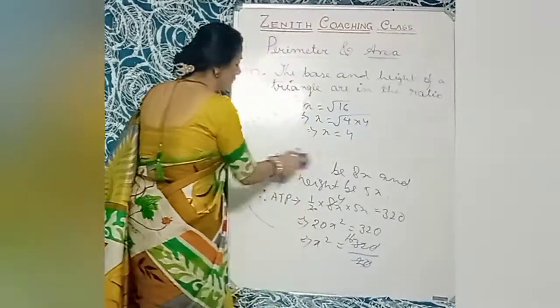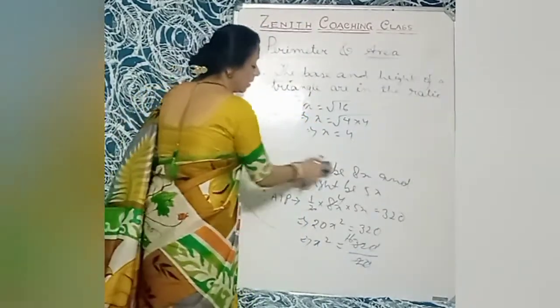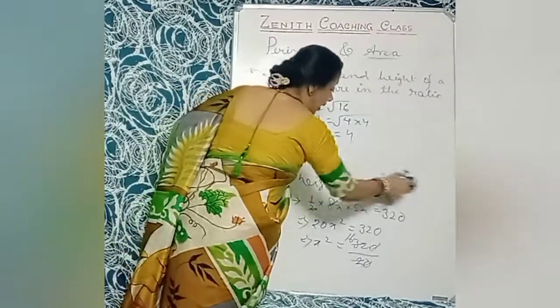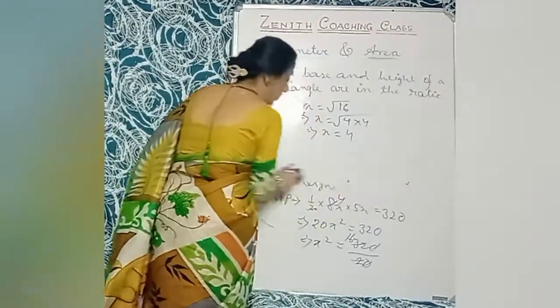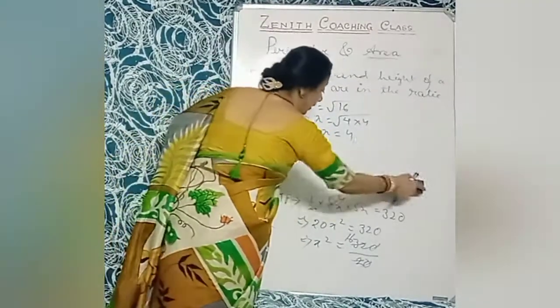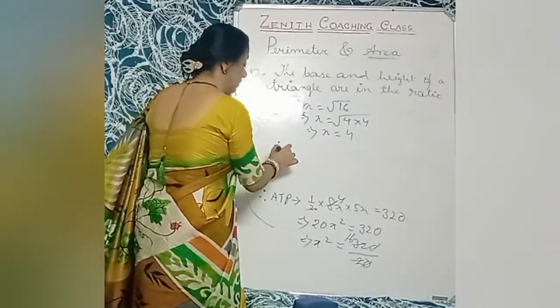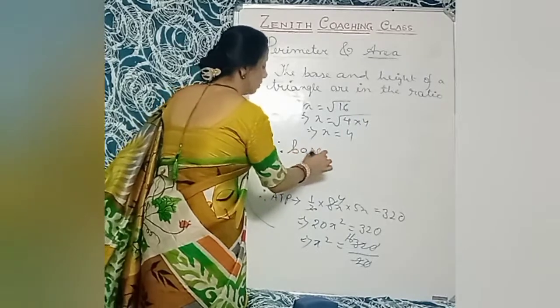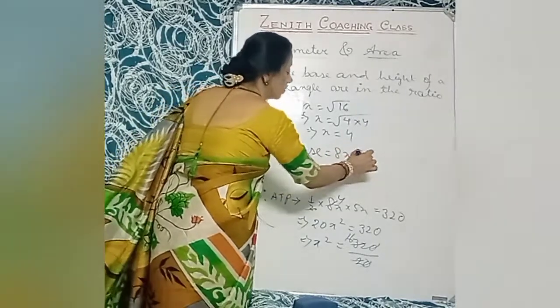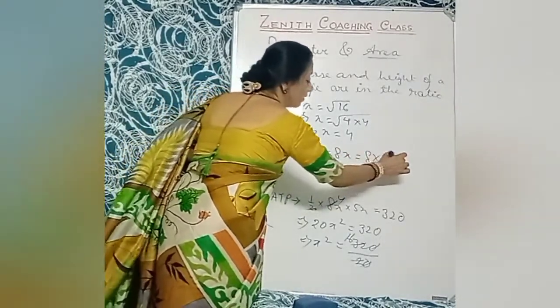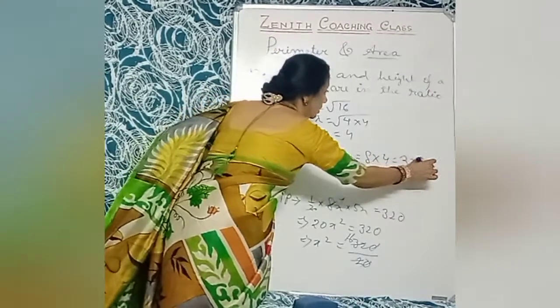But I didn't ask you to find out x. What I asked? I asked for base and height. So you have to find out base and height. So you know base equals 8x, so base equals 8 multiplied by 4 equals 32 meter.